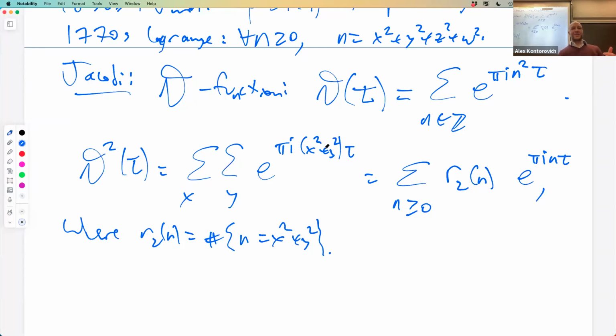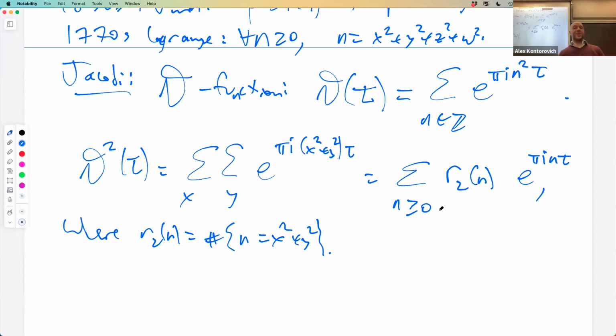It'll occur when x is 2 and y is 1, or when x is 1 and y is 2, or when x is -1 and y is, so there's a factor of 4 there for pluses and minuses. That's the only way that I'll get an e to the pi i 5 tau. And that's exactly what this R2 is recording. Does that make sense?